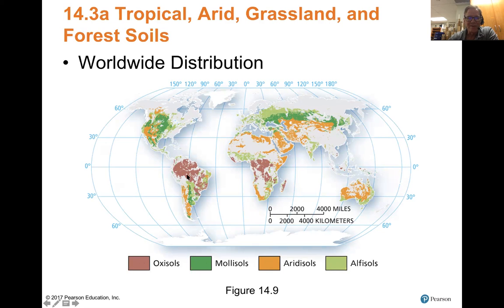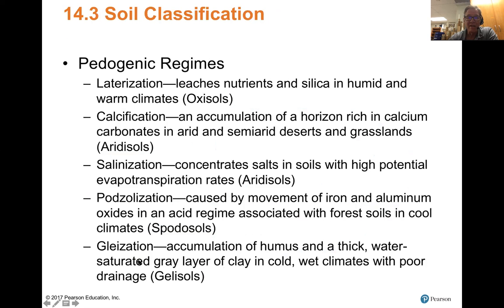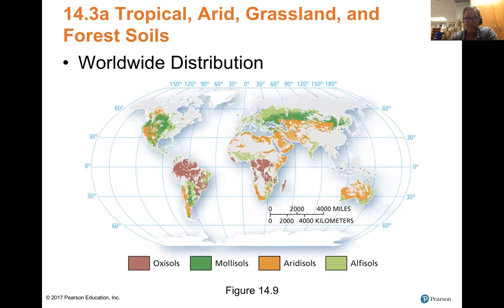Now, notice they're not necessarily good for agriculture. The Mollisols are, but this just means that again, you have this high level of leaching, where the nutrients and silica are dragged down through the horizons because of accumulation of moisture.